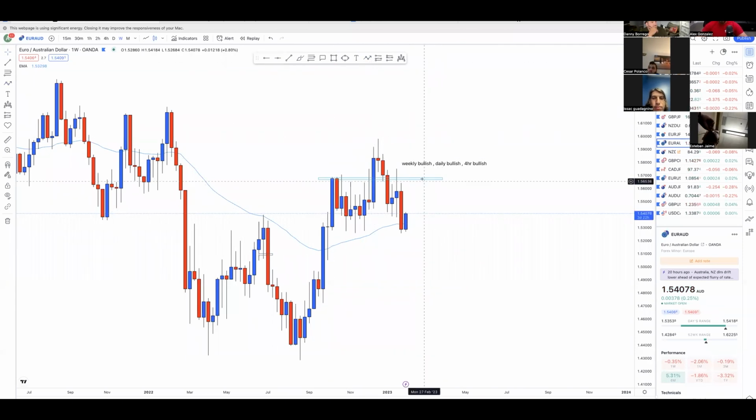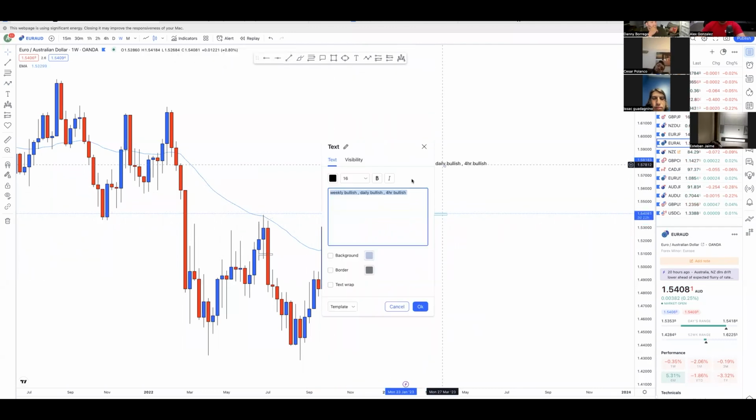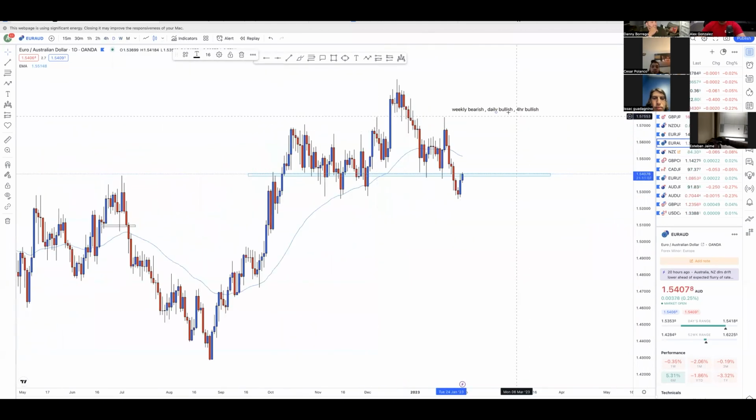So now here, if you notice, we have the Euro AUD potentially coming back to retest this. So right now, technically, we are bearish on the daily time frame. Are we bullish or bearish on the daily time frame? Okay, correct.